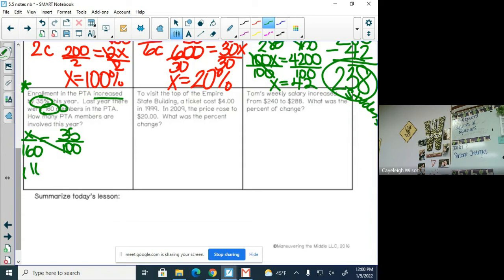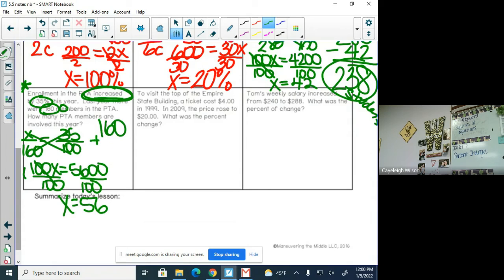So x times 100 is 100x. 160 times 35 is 5,600. Divide by 100 and I get 56 people. And Peyton, what should I do? Add them together to get 216. Yep, increase, an increase in people.